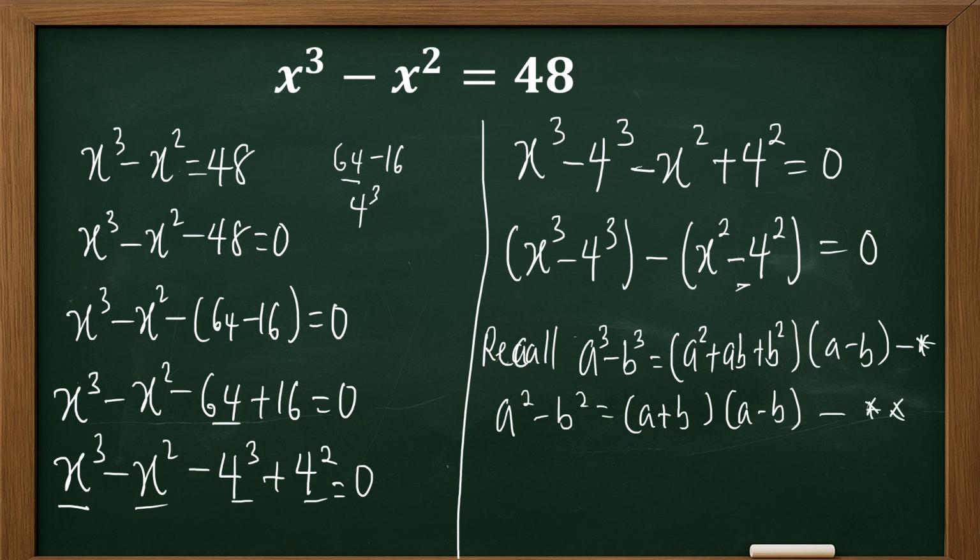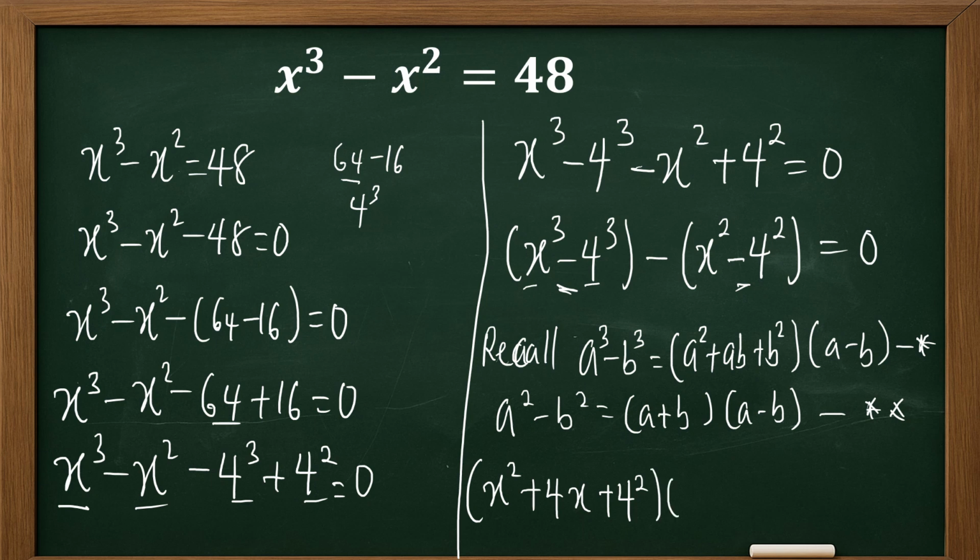Now, let's plug in when we have difference of cubes. So this first expression can be written as x squared plus, this is going to be my a, this is going to be my b, 4x plus 4 squared.